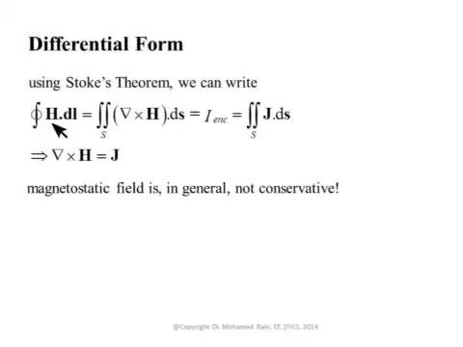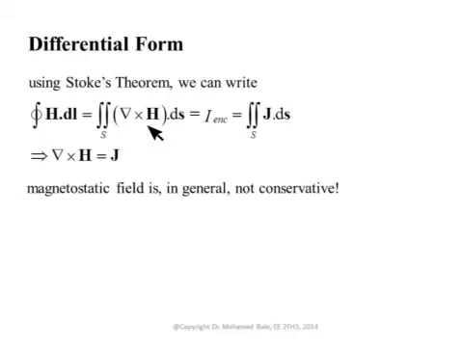The integral of H dot dl over a closed contour, by Stokes' theorem, is equal to the integral over any surface S of curl H dot ds. But by Ampere's law this is equal to the current enclosed, which is an integral over the same surface S of J dot ds.